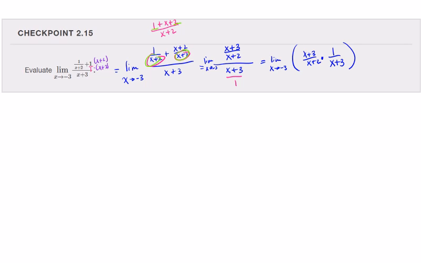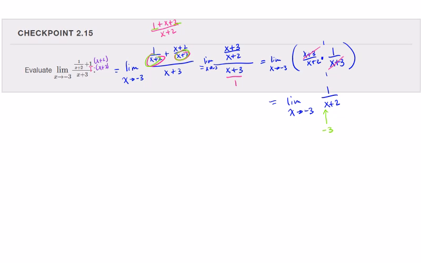Okay, and so what happens is these x plus 3's cancel out, and we end up with the limit as x approaches -3 of 1 over, if we multiply top times top, this is an invisible 1 there, so 1 times 1 is 1, and then here this turns into a 1 as well, so we get x plus 2 times 1, which is x plus 2, and so we end up with that fraction, not complex anymore, and even more importantly, it's something that we can use direct evaluation for.